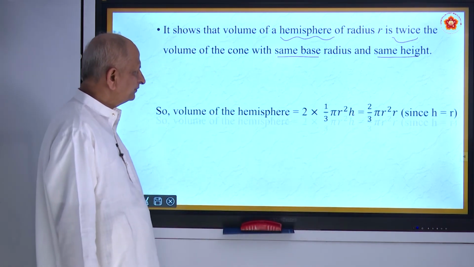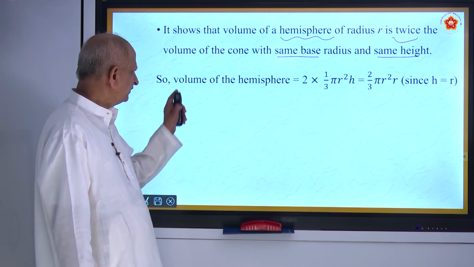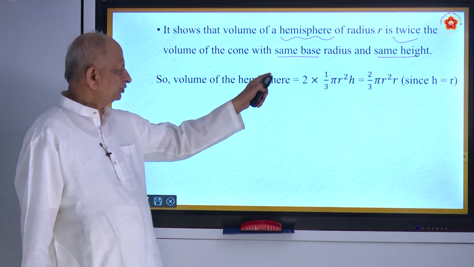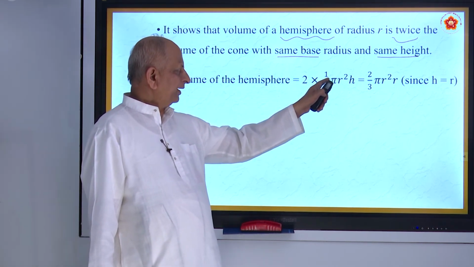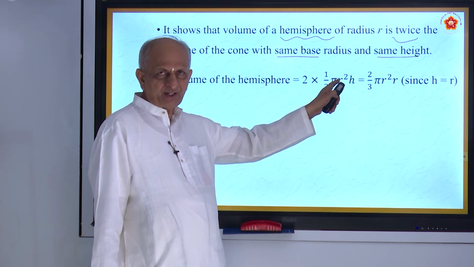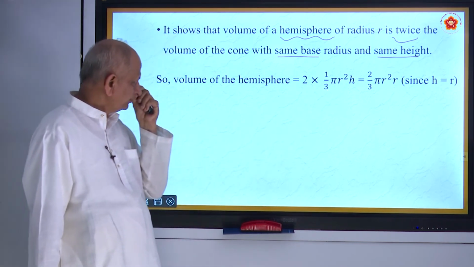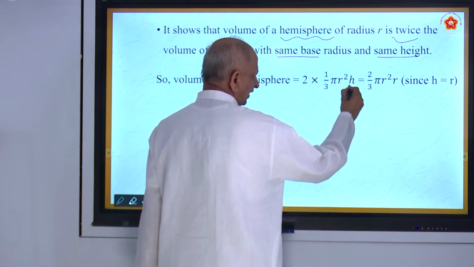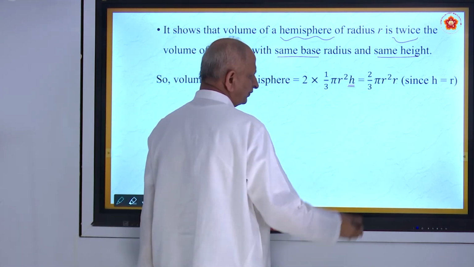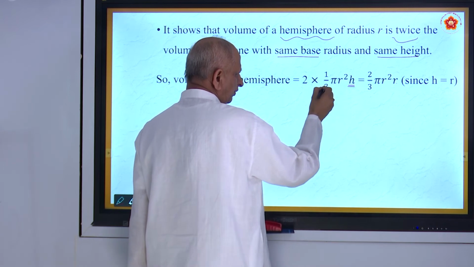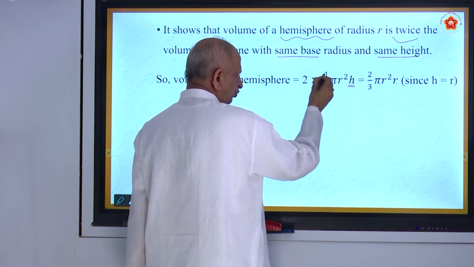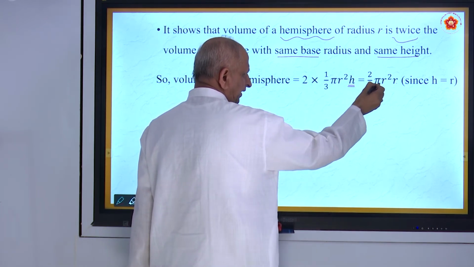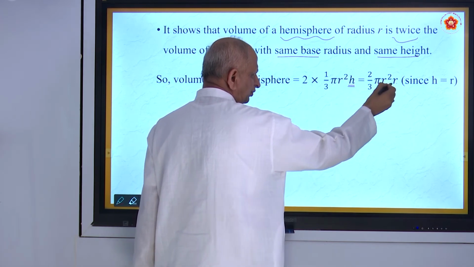So you get a beautiful formula. Volume of hemisphere is equal to 2 into, what is the volume of a cone? 1/3 pi r square h. So in case of a sphere, the h is equal to r. So 2 into that becomes 2/3 pi into r square into r.